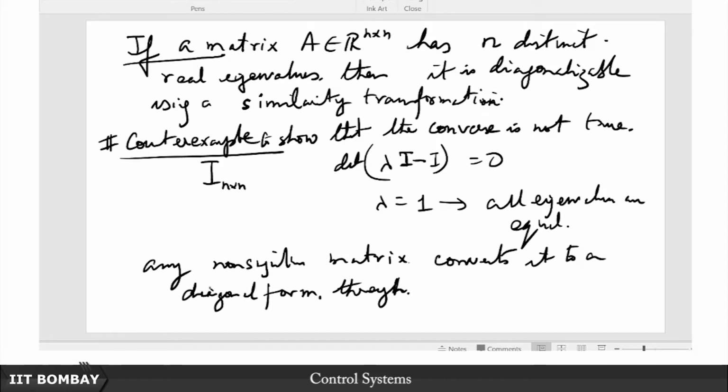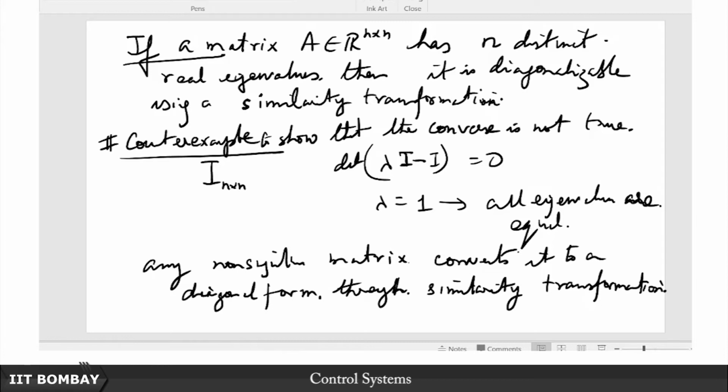Okay. All right. So through similarity transformation. Okay. So all eigenvalues here are equal, and yet you have plenty, not just one similarity transformation, you can have plenty of similarity transformations.